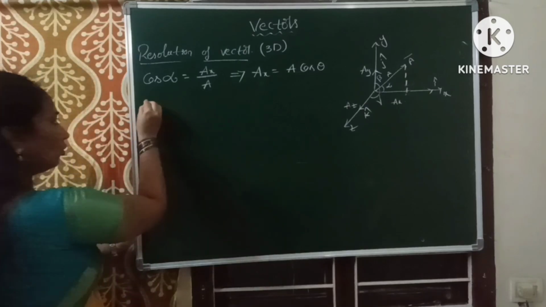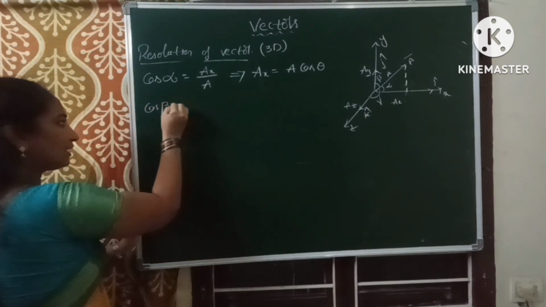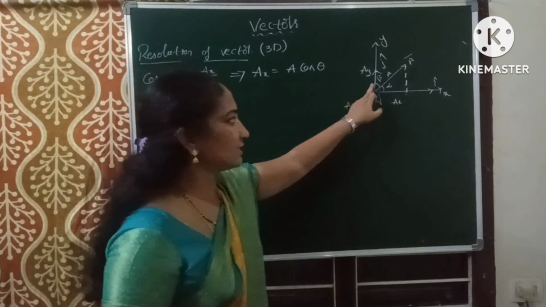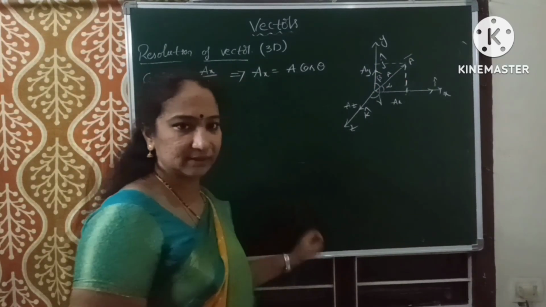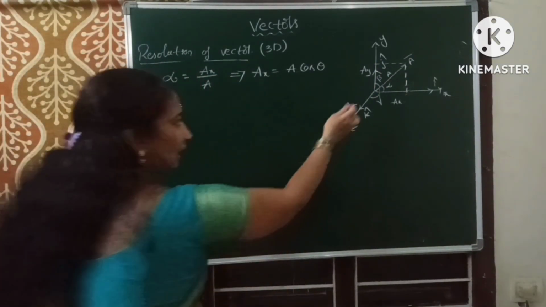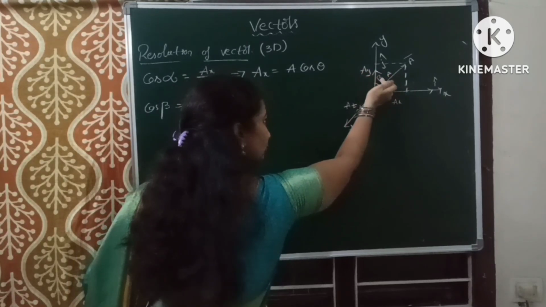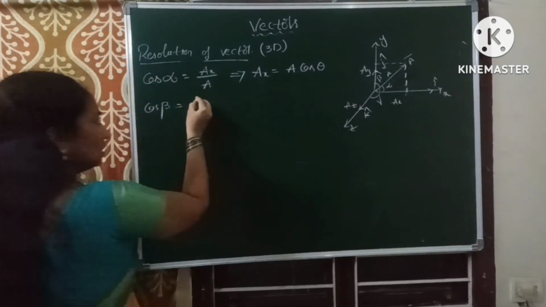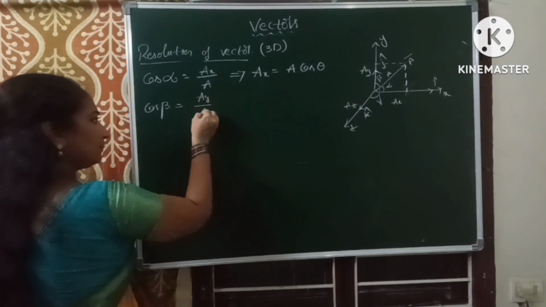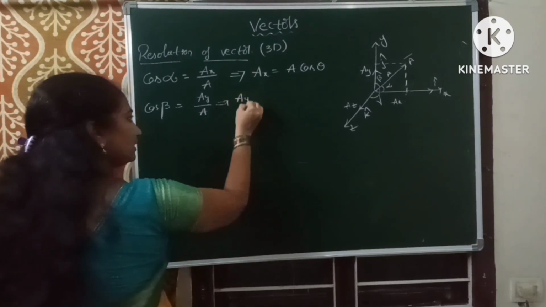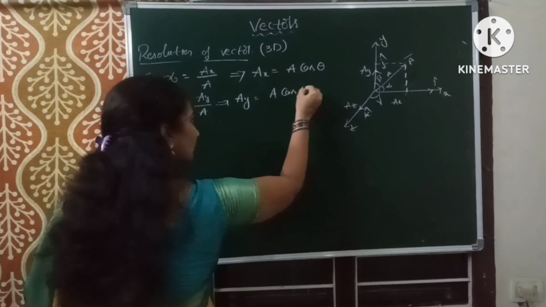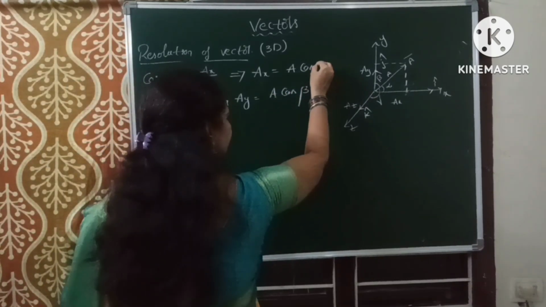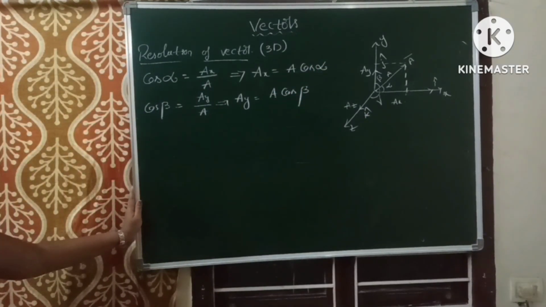Right. Now one more, cos beta I can calculate. Now cos beta means this one. Again if you draw the perpendicular line on y-axis, what will happen? For beta this becomes the adjacent side, this becomes the opposite side. So cos beta is equal to ay by a. Simply ay is equal to a cos beta. Sorry, here not theta, here we took alpha, so a cos alpha, a cos beta.